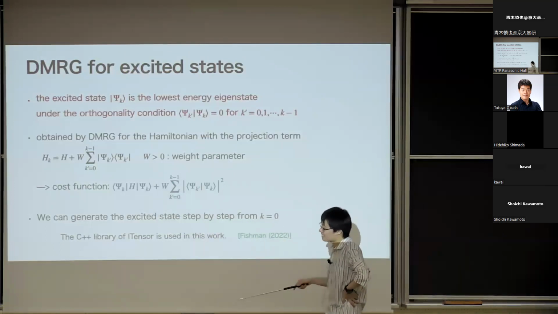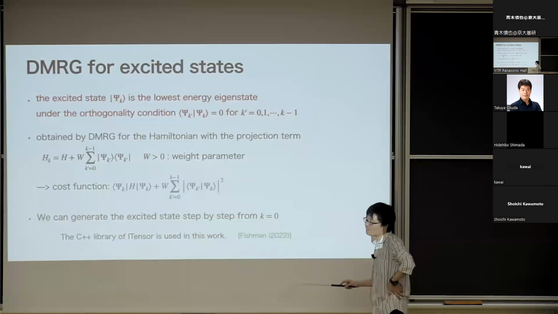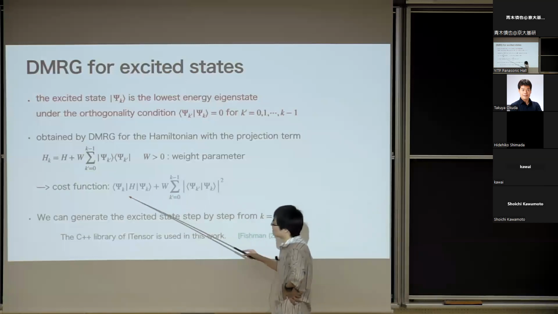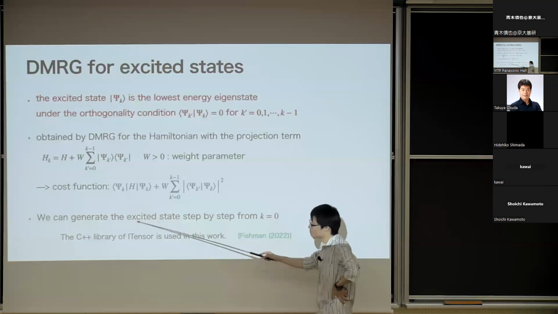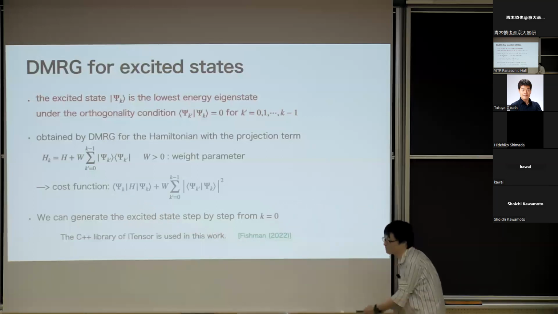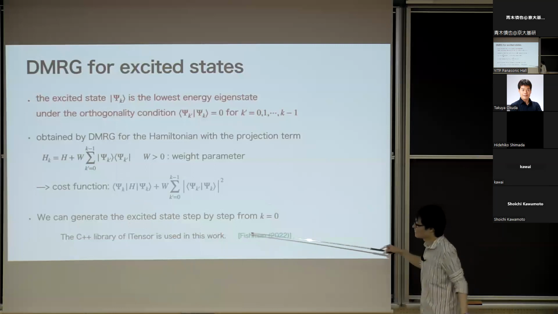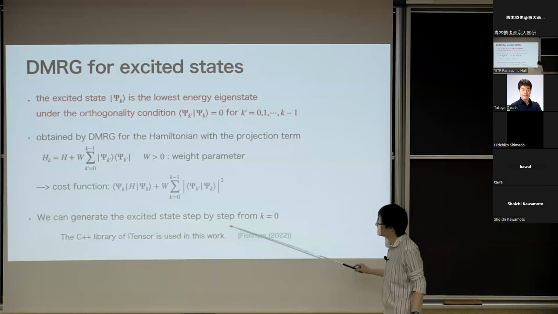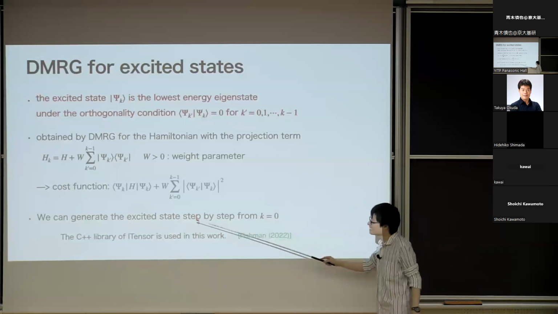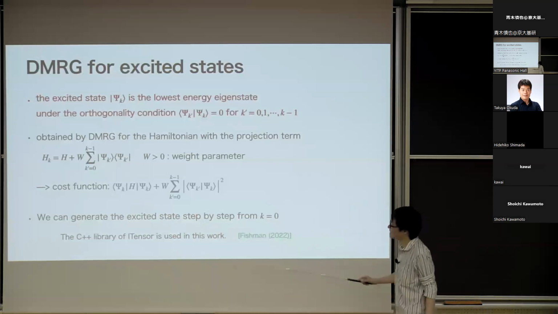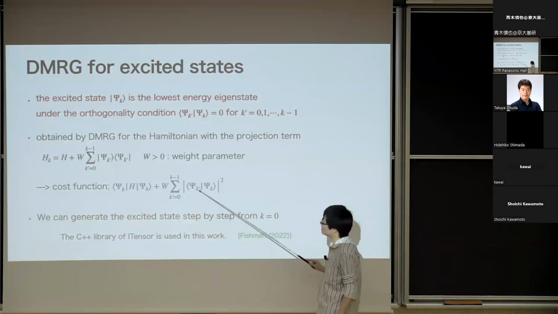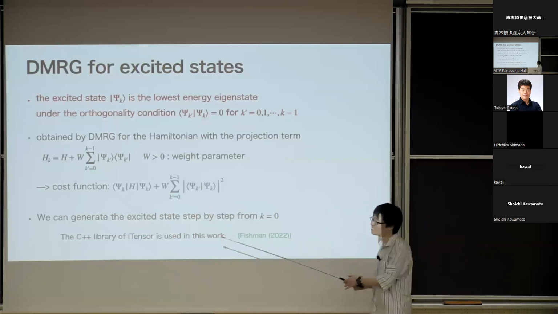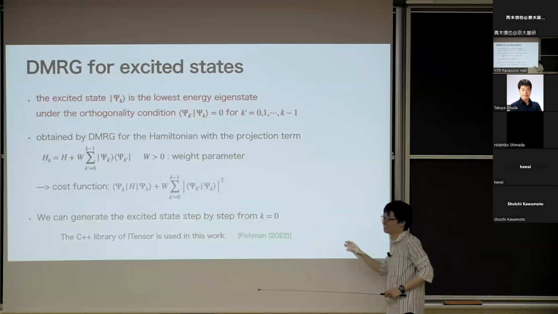But in practice, it's impossible, right? I see. The point of this method is that we obtain the states step by step from the bottom. That's the strategy. Of course we can obtain some random state which is also orthogonal to the ground state, but that is just a random state, so we don't know what it is.